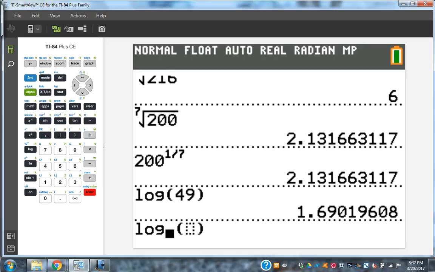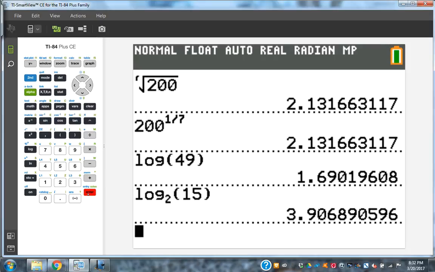Hit enter, and you should have a box that shows up. It's log base 2, and then of what number, put that in the parentheses. If yours does not do that, then you're going to do it the next way I'm going to show you. It gets you the exact same answer. And sometimes I do it this other way just because it's quicker. Hit enter. Going 4 decimal places, that'd be 3.9069.